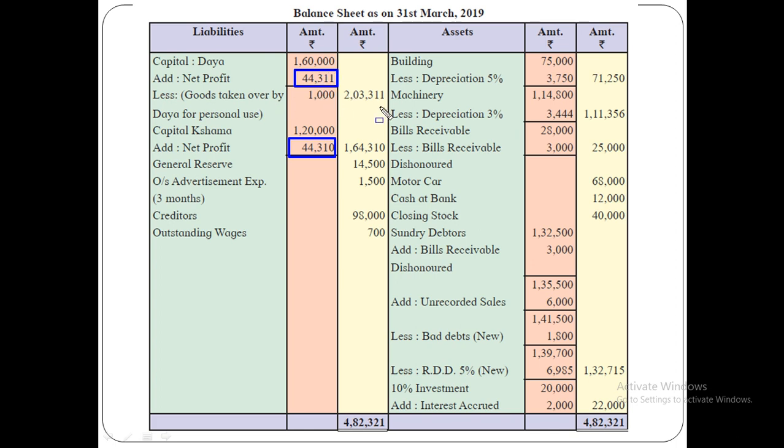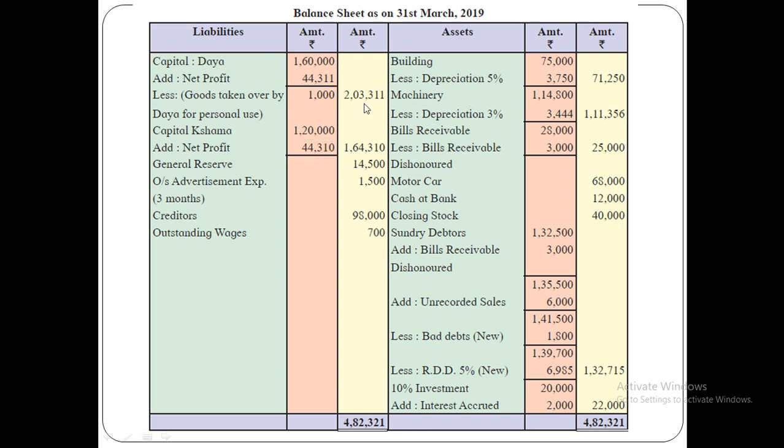So the totaling of this is 2,300, sorry. This is known as your figure 2,03,311, and Shama's capital is 1,64,310.